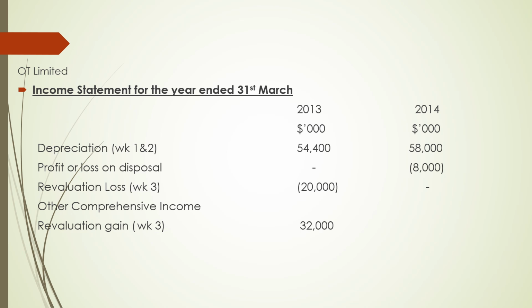And then we have done some revaluation, and in our previous discussion we explained why revaluation loss is recorded in the profit and loss, and why revaluation gain is recorded in other comprehensive income under revaluation gain. So we had a revaluation loss of $20,000, and then the revaluation gain, which is now recorded under other comprehensive income, of $32,000. Okay.